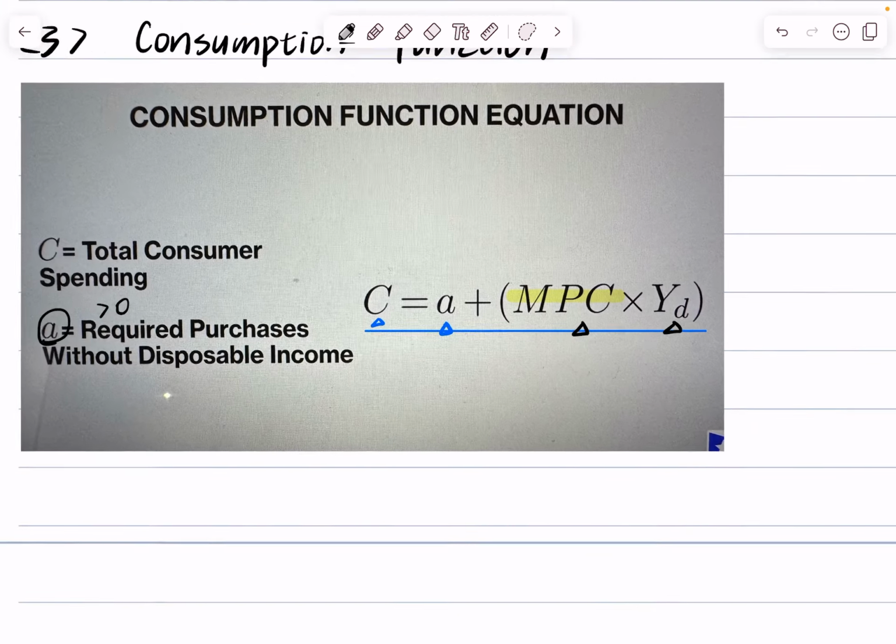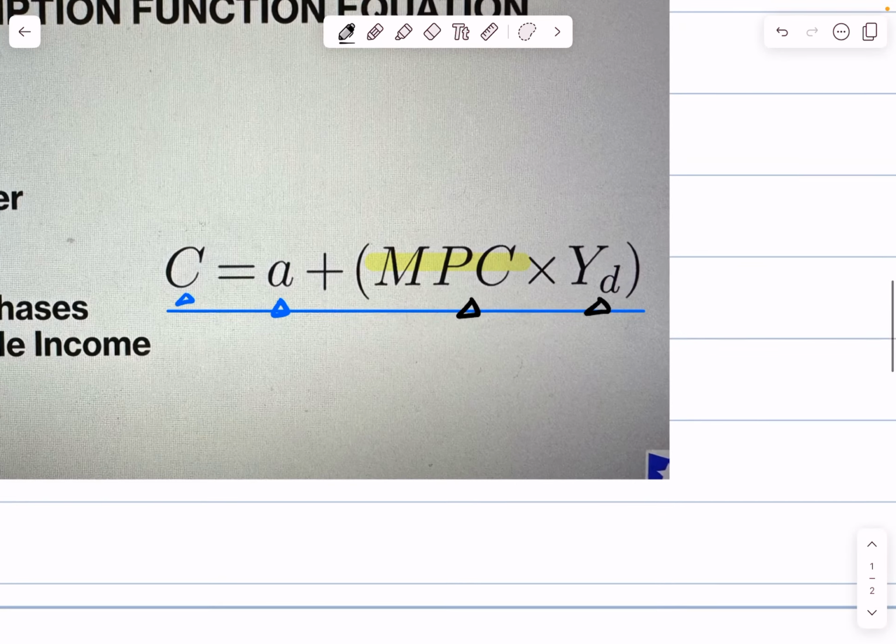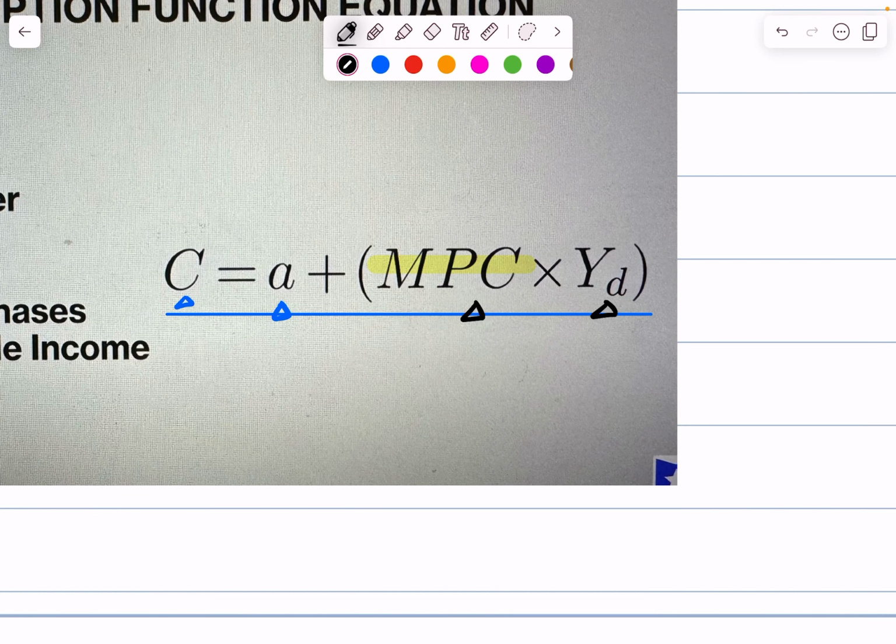So I can give you a really simple real life example.